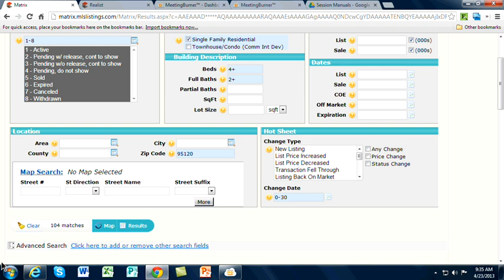And so what I usually do is 0 minus 30, and when it says status change date, that's what change date means. It means that any change of status that's happened in the last 30 days. But if you had a listing that was listed 45 days ago that's currently active, it wouldn't show. But I'm going to later run the actives again, this time without any change date.